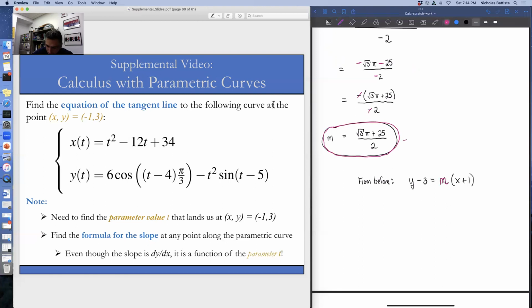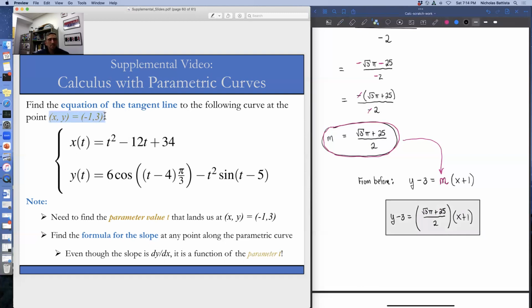So the only thing we're left to do is really just substitute that slope in for m. So we have y minus 3 is equal to the quantity square root of 3 times pi plus 25 all over 2 times the quantity x plus 1. And that would be the equation of our tangent line of that given parametric curve at the point x is minus 1 and y is 3.